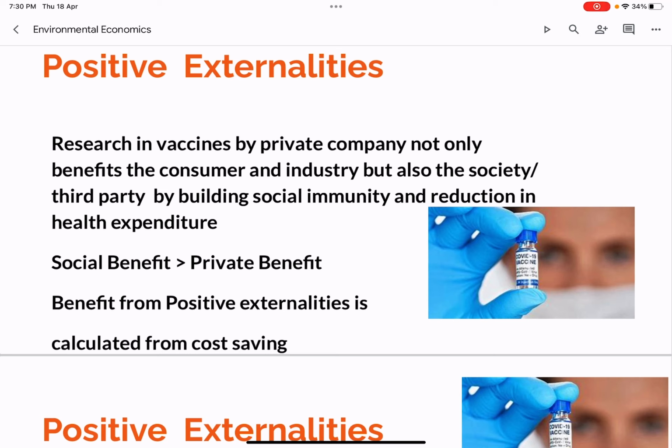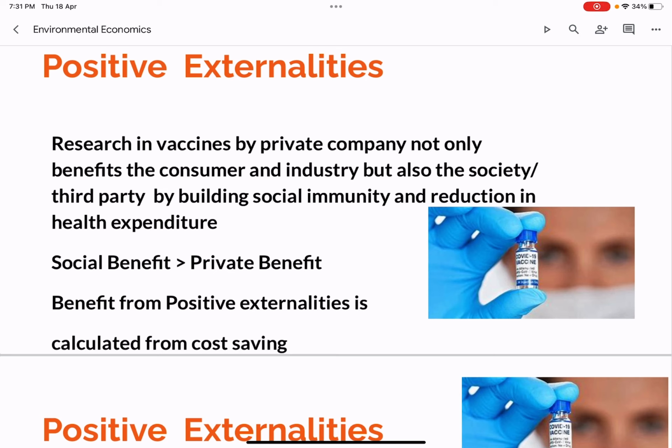So in case of positive externalities, the social benefit is always greater than the private benefit. If you want to understand this in terms of the marginal benefit and marginal costing concept, we would say that if I am a private company and I am manufacturing 100 vaccines, then to manufacture an additional 101st vaccine, the cost to me would be the private marginal cost.